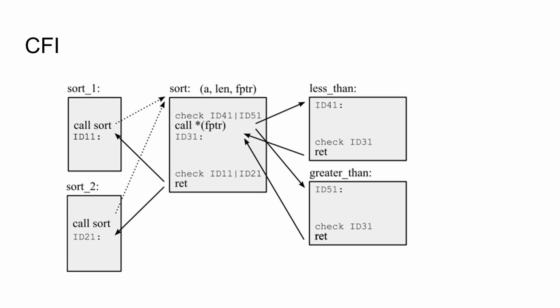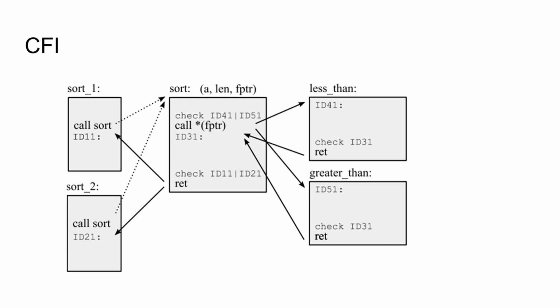The check checks the label of the target. It checks whether the address that we tried to return to has the appropriate label. Does it have the label ID11, which is the call site in sort 1, or the label ID21, which is the call site in sort 2? Only in those cases we allow this control flow transfer, and if not, we raise an alarm.